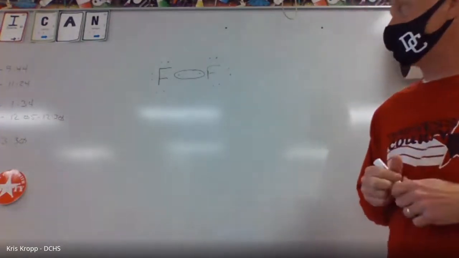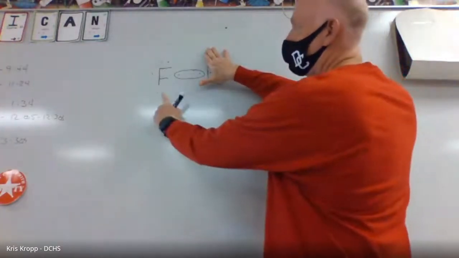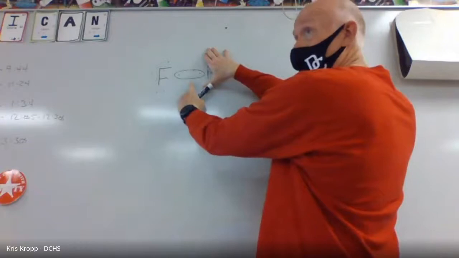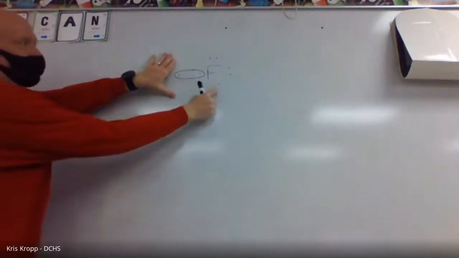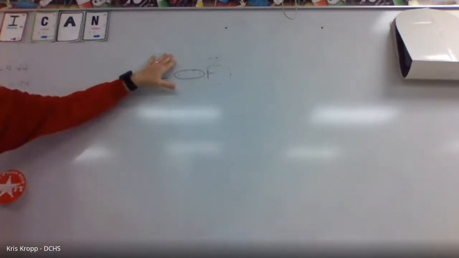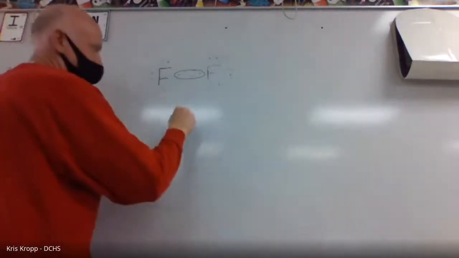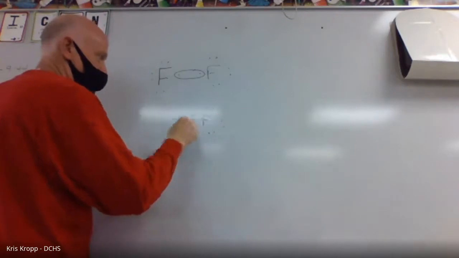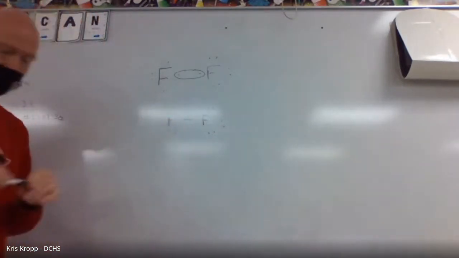Now this fluorine atom has 2, 4, 6, 8 electrons, and this atom over here has 2, 4, 6, 8 electrons because of the sharing. Now everybody's happy. And so what we've created is a covalent bond. That's when electrons are shared between atoms.